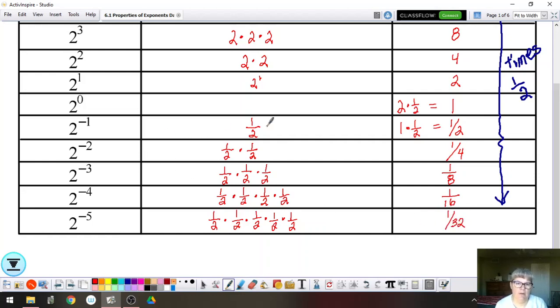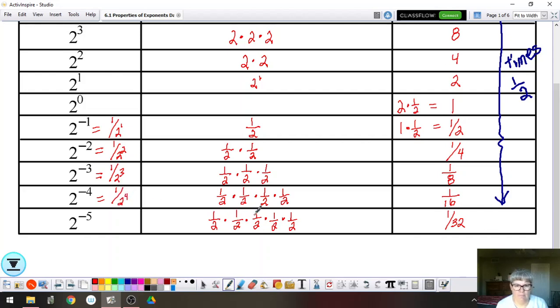So if we think about what this expanded form could be in a simplified form, 1 over 2 is the same thing as saying 1 over 2 to the first. 1/2 times 1/2 would be the same as saying 1 over 2 squared. 1/2 times 1/2 times 1/2 is the same as saying 1 over 2 cubed. 1/2 times 1/2 times 1/2 times 1/2 is the same as saying 1 over 2 to the fourth.